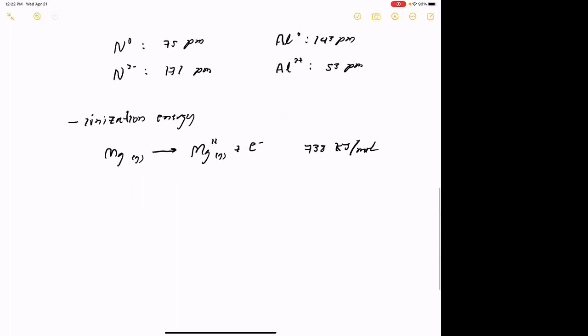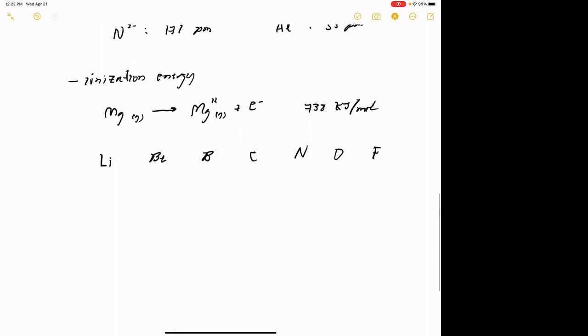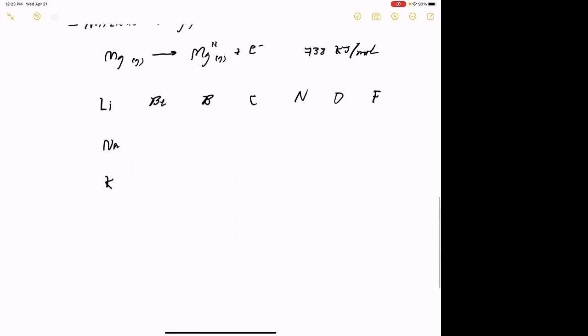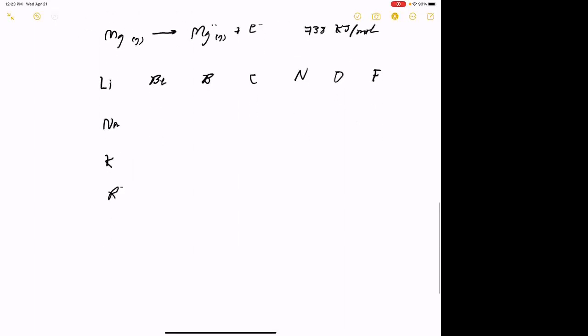So again, let's take a look at ionization energies. Same elements. We'll move from lithium through beryllium to boron, carbon, nitrogen, oxygen, fluorine, and then down the column, sodium, potassium, and we'll go as far as rubidium. All right, so lithium is 520.